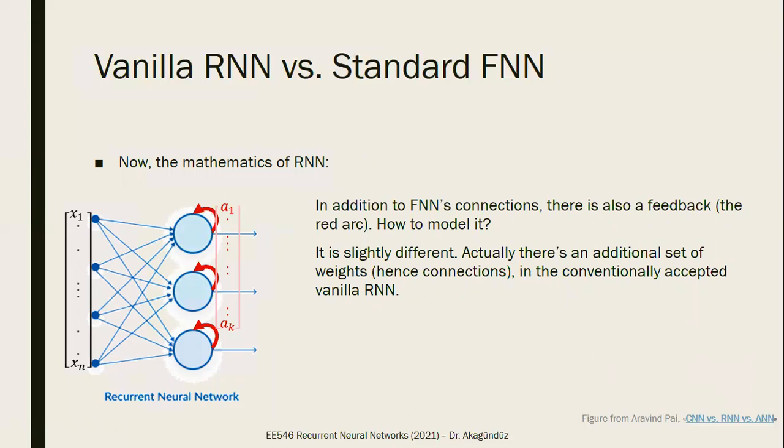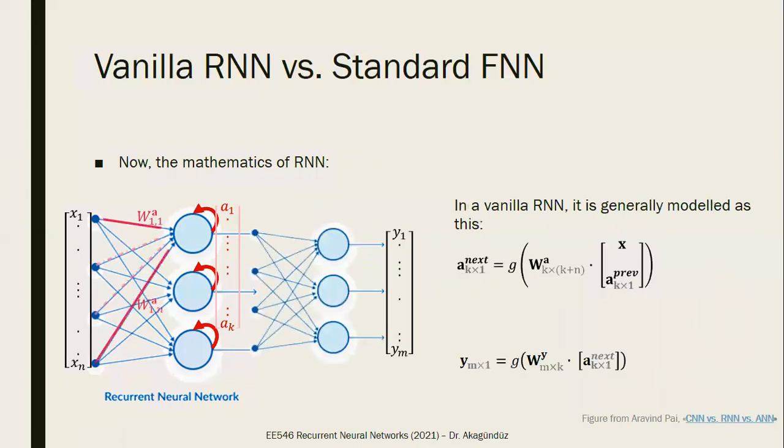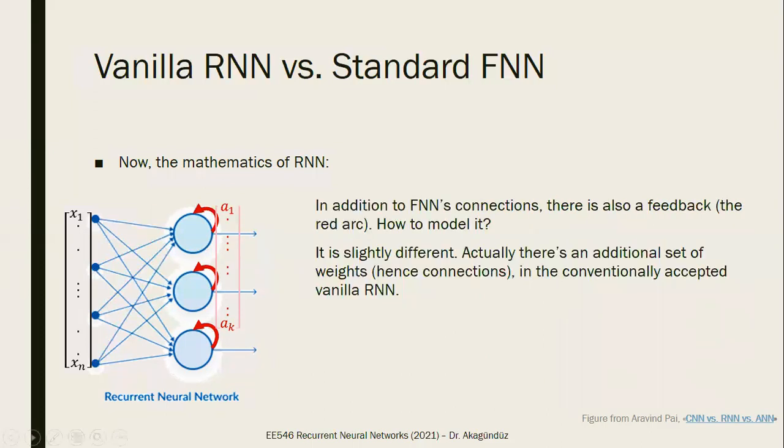The hidden state vector is what is being fed back to the input. So in a recurrent neural network, instead of the output, I have the hidden states. If I need an output, I'm going to add another layer in the next slide, but I'm not yet adding it. I'm going to discuss this first.